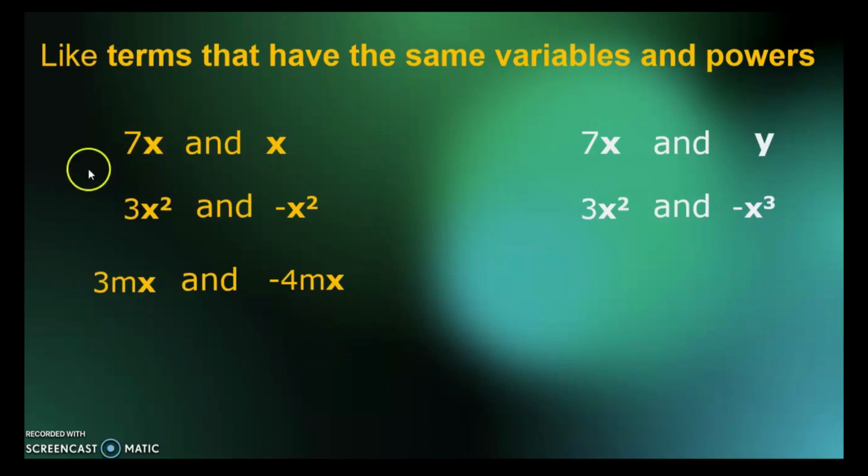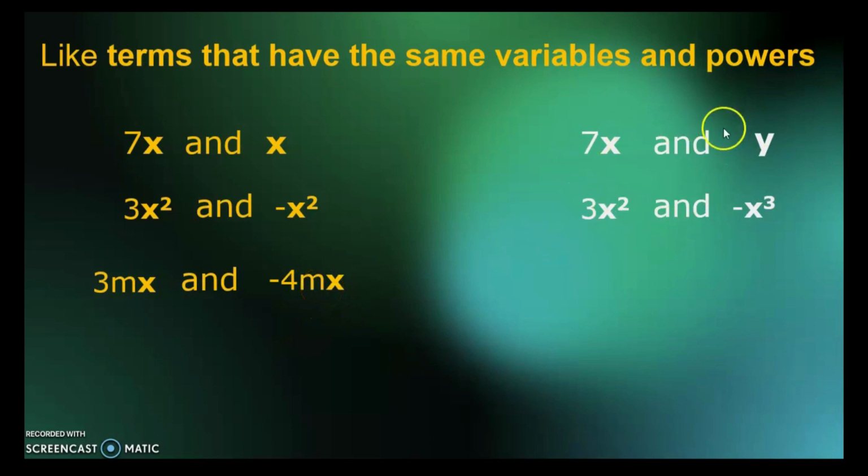Here are the like terms, and here are the unlike terms. As you can notice, in the like terms, both have x, the same variable. Here also, they are the same, so they are like terms. Same variable, same powers. Even though they are unlike in sign, 3mx and negative 4mx are like terms since they have the same variables, mx and mx.